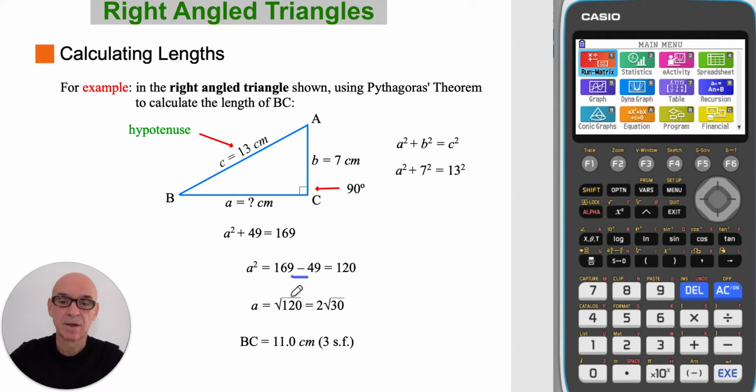Subtracting and then square rooting gives a length of BC equal to 11.0 centimeters, correct to three significant figures.